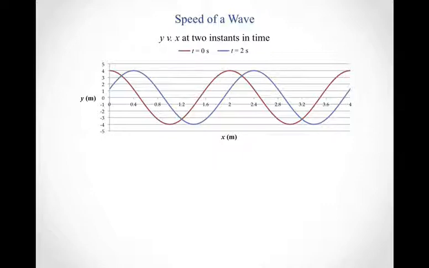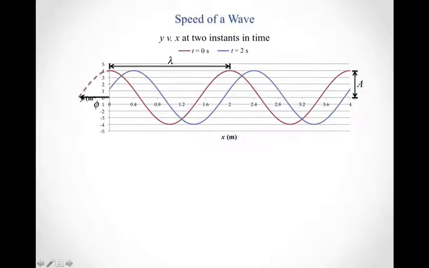What I'm given is two plots of position and then two curves that represent the time. So the red curve here is where the wave is at t equals 0. The blue curve is where the wave has traveled at t equals 2 seconds. And so again, I can use these two plots to figure out the equation of my wave.